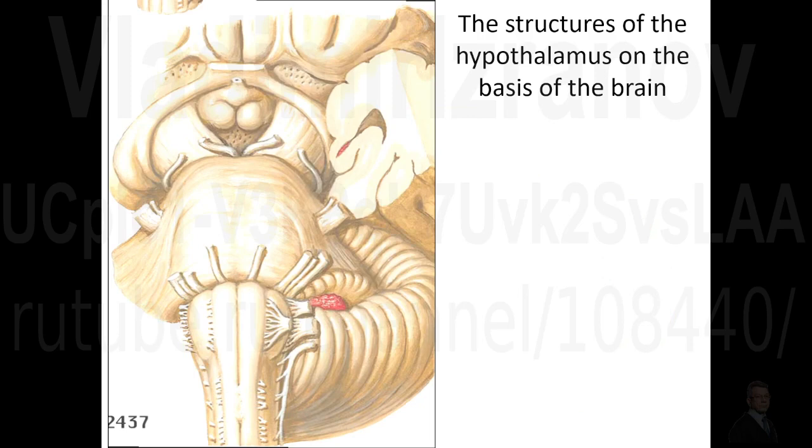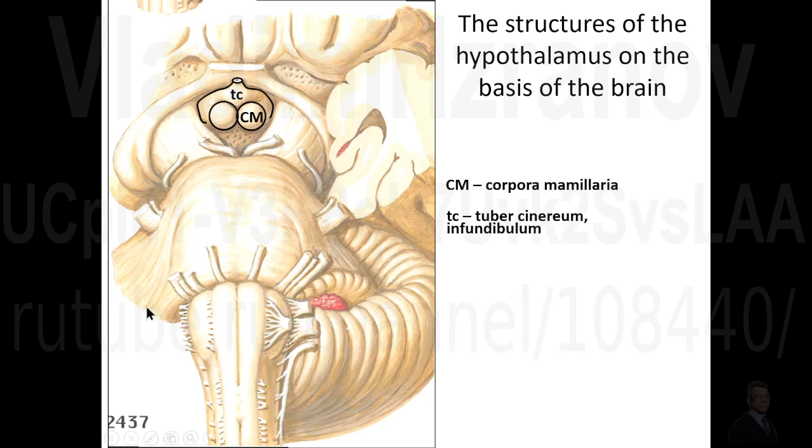Now let us find the same structures on the basis of the brain. So, corpora mammillaria, CM, then we depict PC, tuber cinereum, and infundibulum. Attention on the stalk of the pituitary gland.